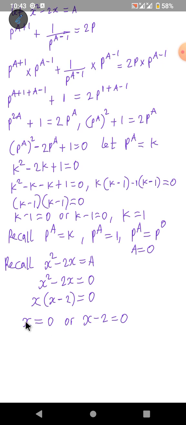Then now we've gotten our first root of our equation as x equal to 0. Then the second root can be gotten by taking this minus 2 to the right hand side. So when we do that, we get x equal to 2. So my solution to this equation is x is equal to 0 and x is equal to 2.